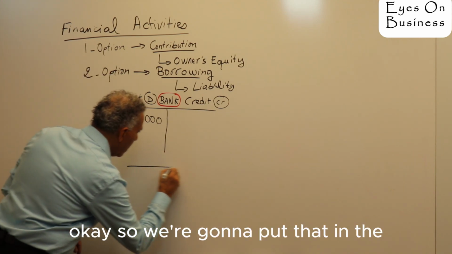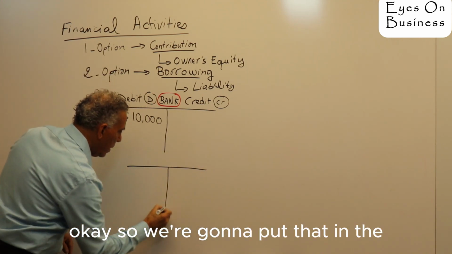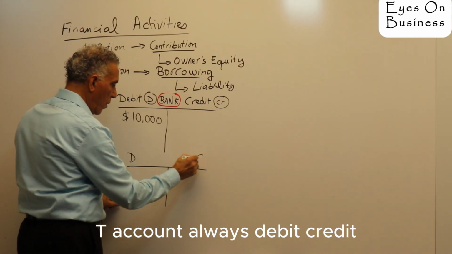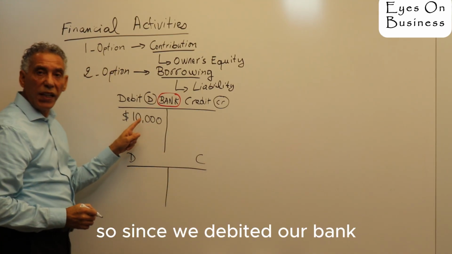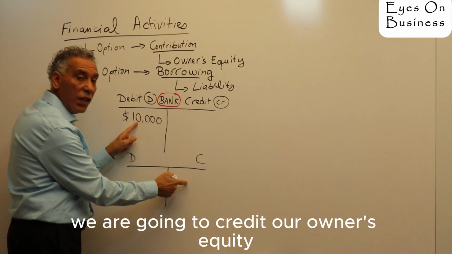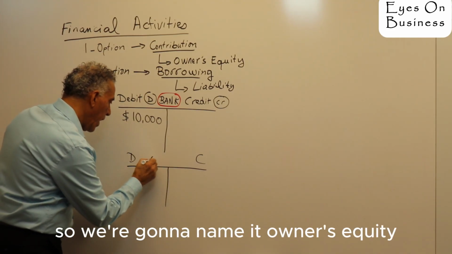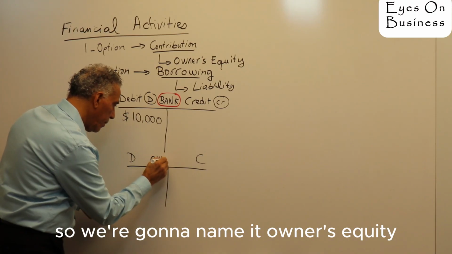So we're going to put that in a T account, always debit, credit. Since we debited our bank, we are going to credit our owner's equity. So we're going to name it owner's equity.